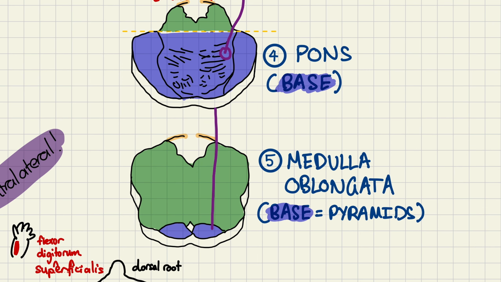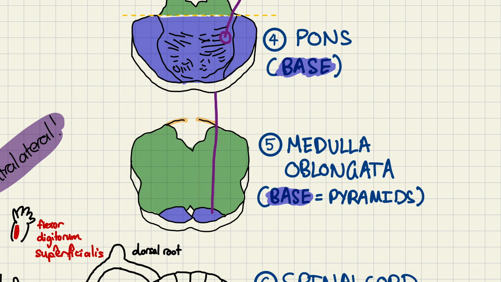At the pyramids of the medulla oblongata, a very, very important event occurs. We call it pyramidal decussation. All that means is that it crosses over to the other side. My axon crosses over to the other side. And do you see how the contralateral innervation now arises?